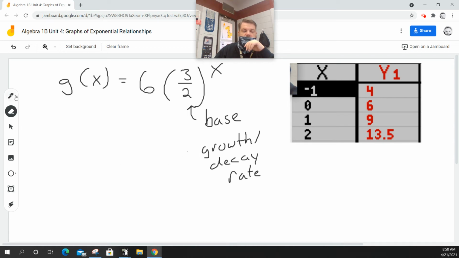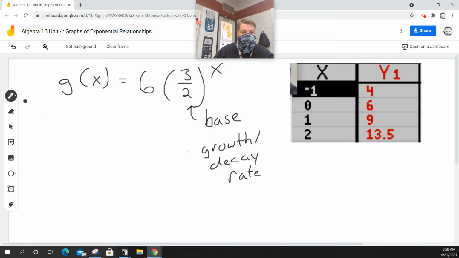So that's what it grows by, or that's what it decays by. Now this is growth because it's greater than 1. So there's a couple of things. If it's greater than 1, it grows. If it's a fraction and it's less than 1, it decays. And sometimes we can have a negative value in there. But that's something different.